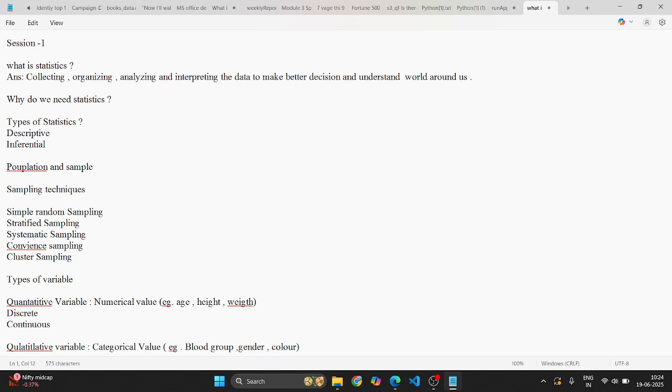Then there is stratified sampling, which means that none of the data will overlap. An example is gender, female and male.